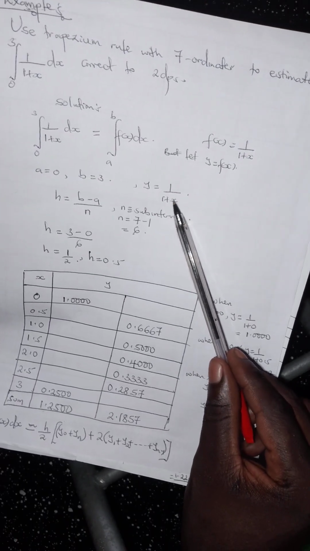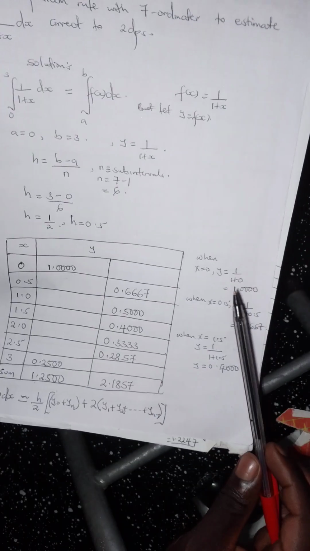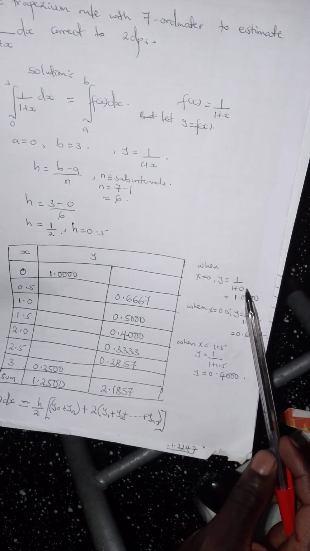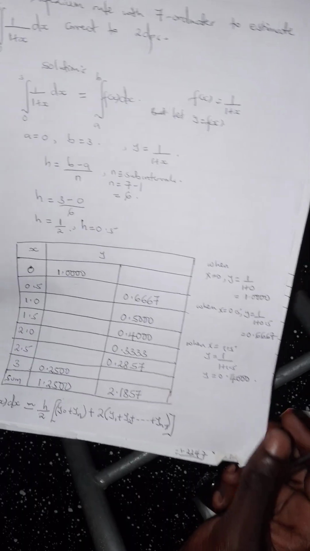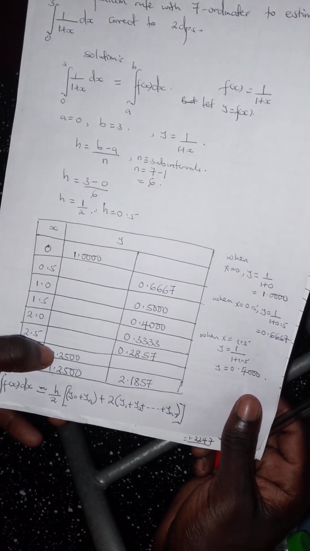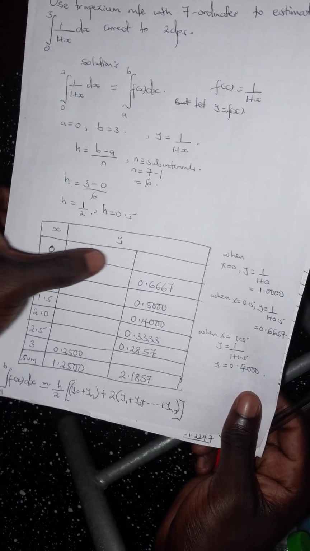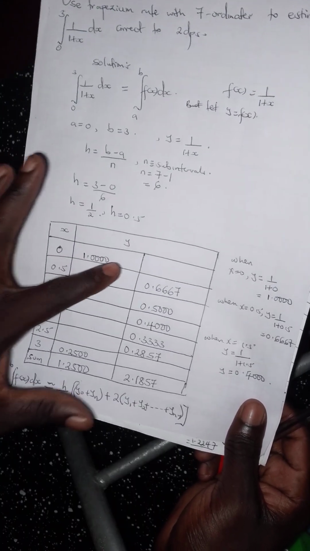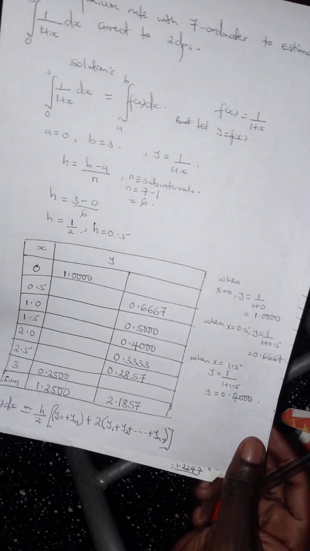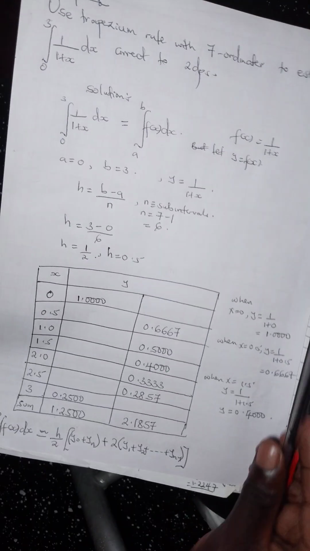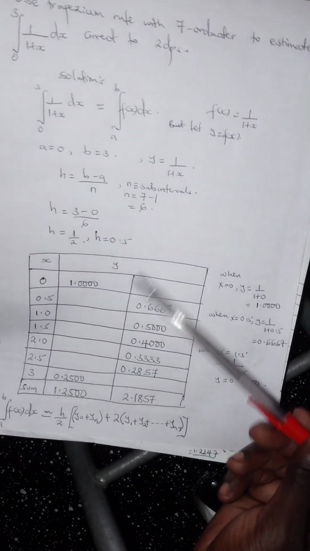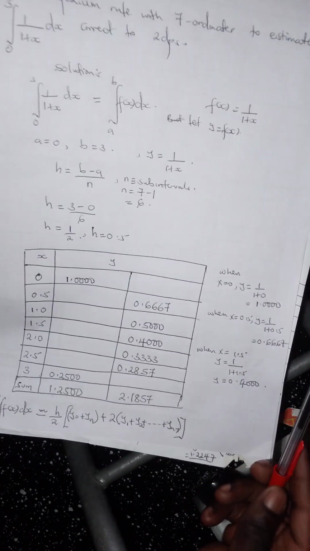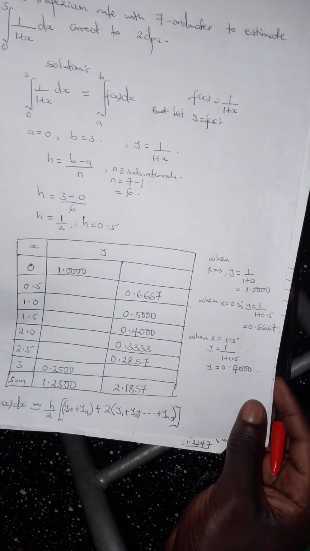Where there is x, you put there a 3. So it becomes 1 over 1 plus 3, which is 1 over 4, and that is 0.25, which is this. We are recording them to 4 decimal places because we don't want to forget that if the integral is required to less than 4 decimal places, all these y values must be recorded to a minimum of 4 decimal places.